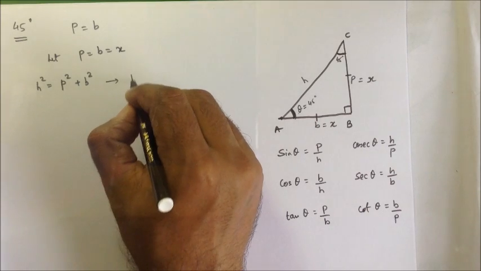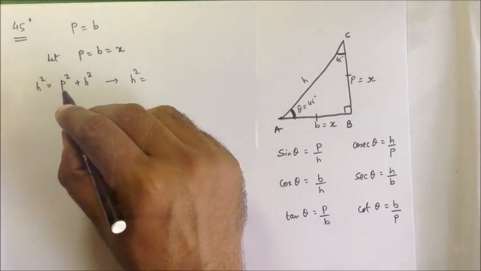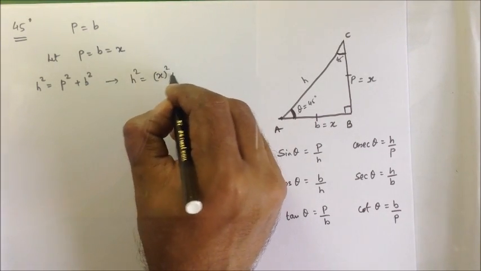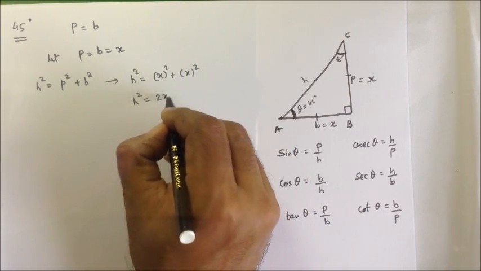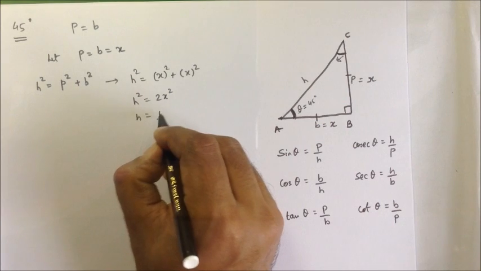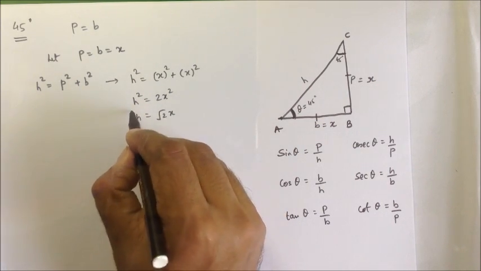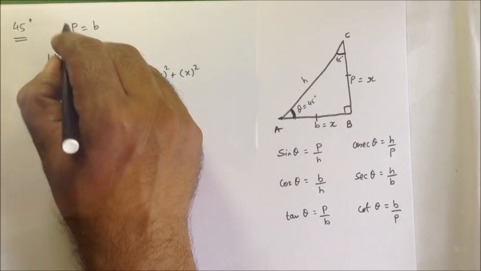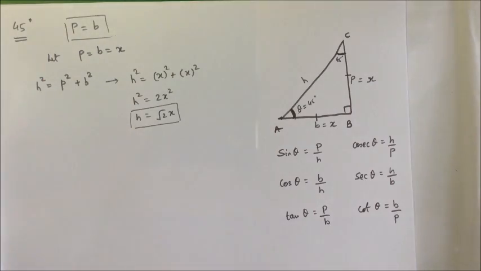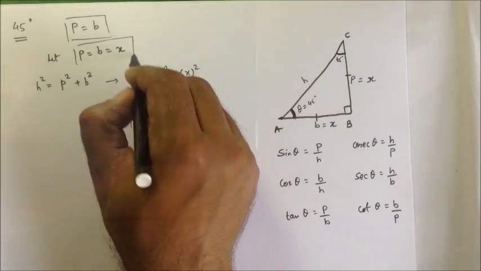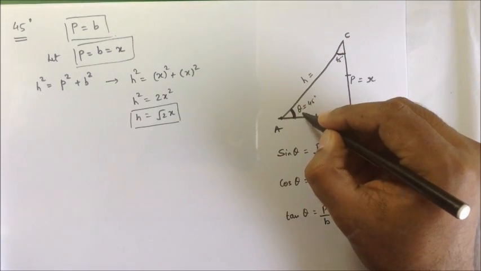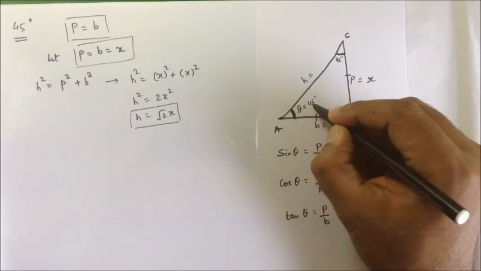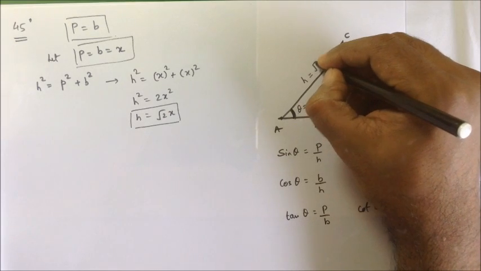This would give me H square is equal to X square plus X square, so H square is equal to 2X square. I'll get H is equal to root 2 X. So I am putting in brackets the 2 conditions that I have got. First is P is equal to X, B is equal to X. Hence under the given circumstance of making this angle 45, hypotenuse has come out to be root 2 X.